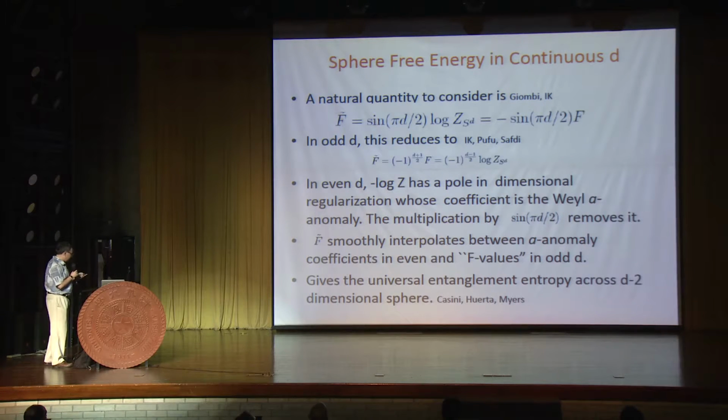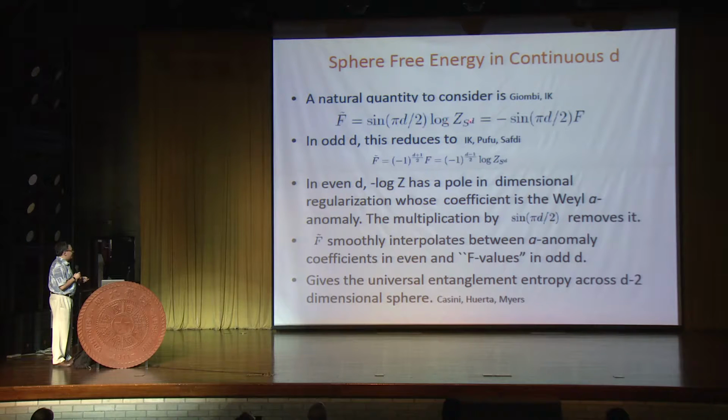Okay, another quantity that we care about is the sphere free energy, which is related to entanglement entropy across a circle in 3 dimensions. And actually with Simone Giombi a couple years ago, we got the idea to develop epsilon expansion for it as well. Namely, at first it seems hard, you have to work on a sphere in continuous dimension, but once you get in this game, you realize that it's doable.